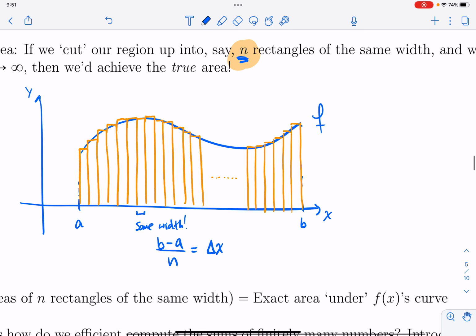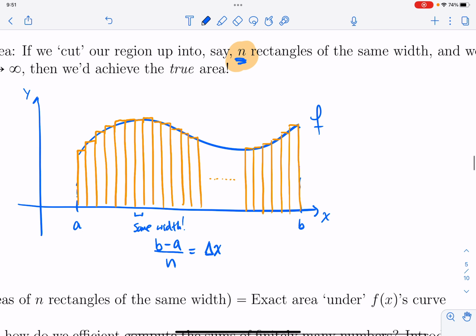This is, of course, familiar with our use of the derivative and how we designed that, and there's a reason for that. All will connect soon. But indeed, we'll say that the width is a small change in x, so that's going to be delta x. We're going to declare that in this context to be b minus a over n. That's that width.